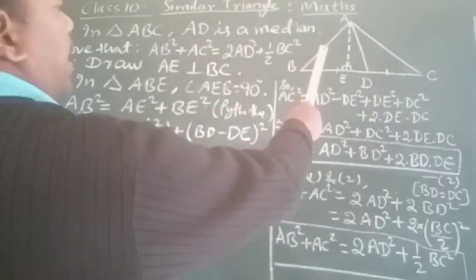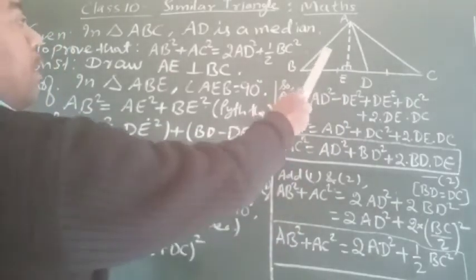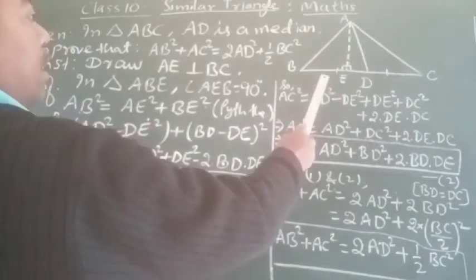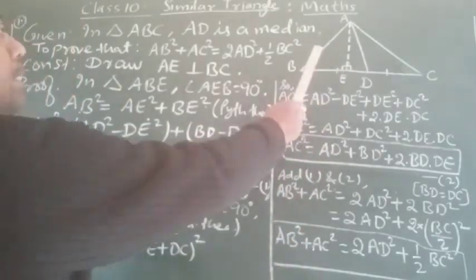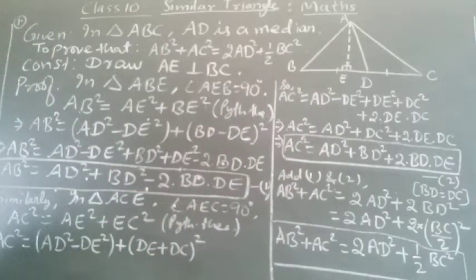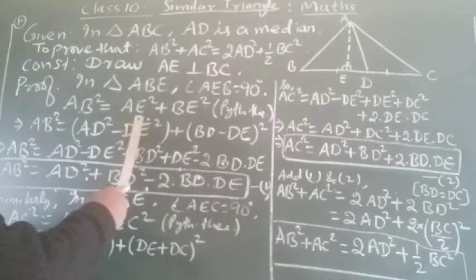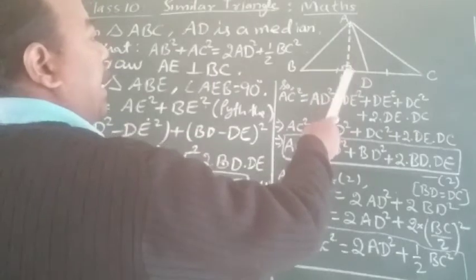So AB square equals AE square plus BE square. AB is the hypotenuse, AE is the perpendicular, BE is the base. So we can write AB square equals AE square plus BE square here. Now, in place of AE square, we select another right angle triangle, ADE.